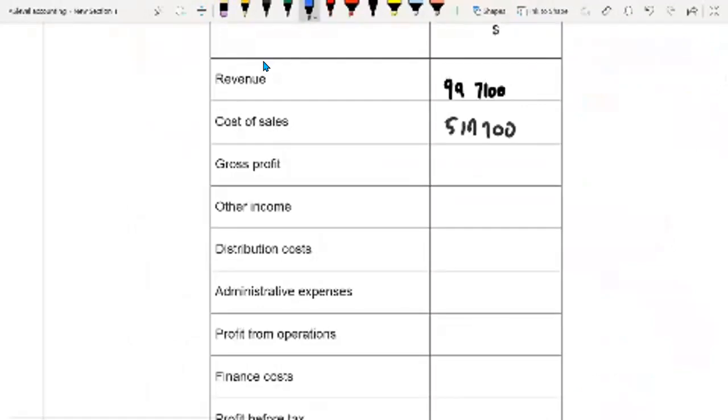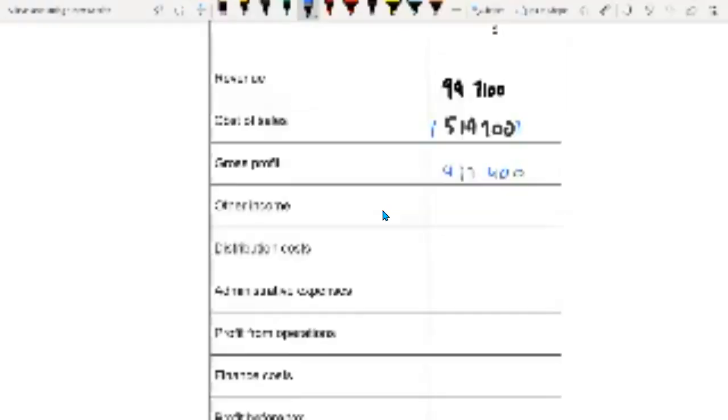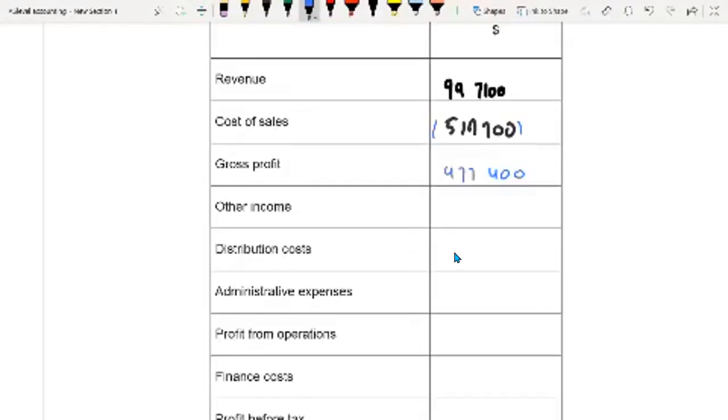Okay, so what would be our gross profit? So simply just deduct the cost of sales from the revenue. So we have the gross profit, which is equal to 477,400. And we have to see the other income, but before that, I think we should write all the distribution cost and administrative expenses, but we have not found it out yet.